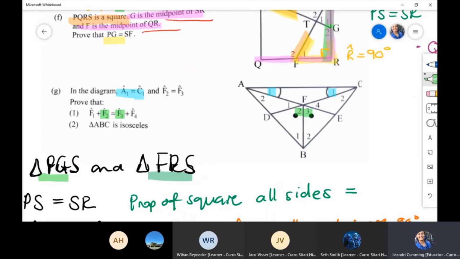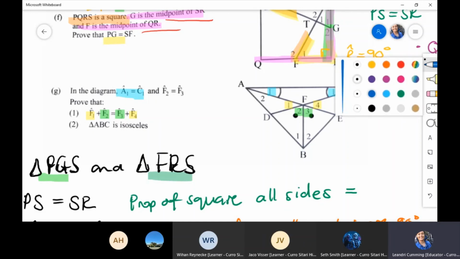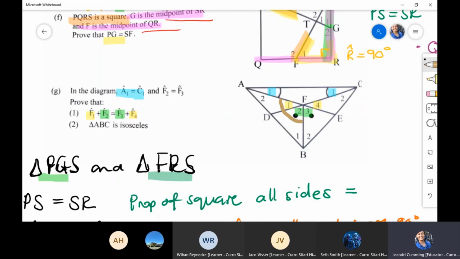So let's see how we can go about that. Firstly, where is F1 and where is F4? F1 is here and F4 is there, which means what I need to try and prove, in fact, is that this angle is equal to that angle, okay?